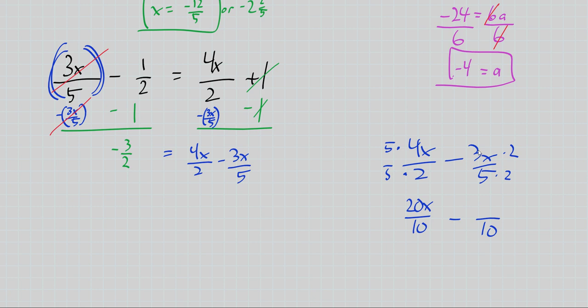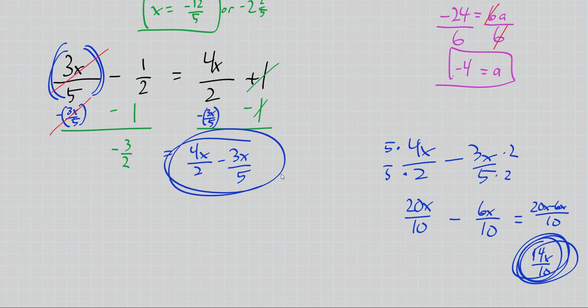On the top, 5 times 2 is 10, 3x times 2 is 6x. 20x minus 6x over 10. 20 minus 6, not so tough, that's just 14x. Still over 10. That didn't magically disappear. So this is worth the same as that. I just did the subtraction off to the side.